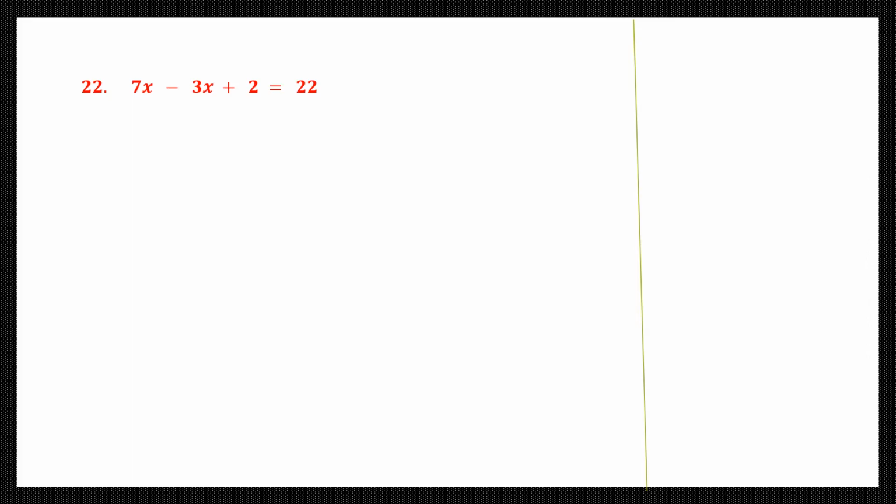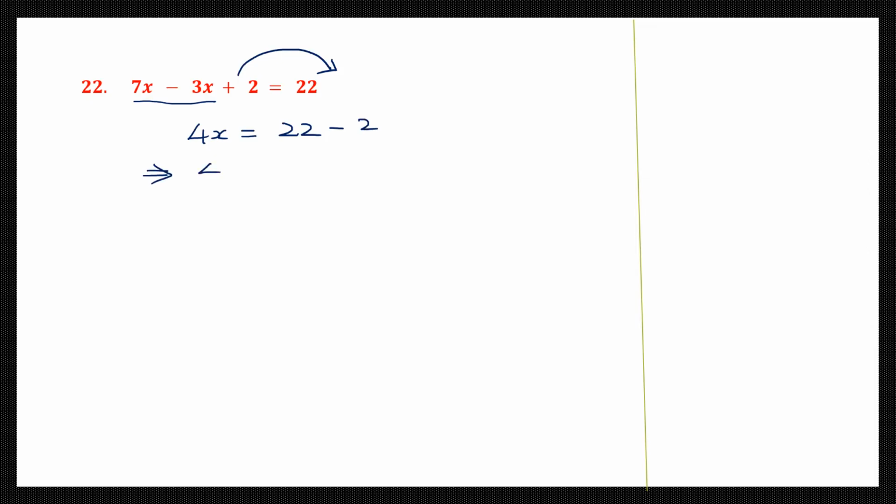Question 22. 7x minus 3x plus 2 equals 22. So let's do this. How much is 7x minus 3x? 4x. 4x is equal to 22, and I transpose this whole number to that side, it becomes minus 2.